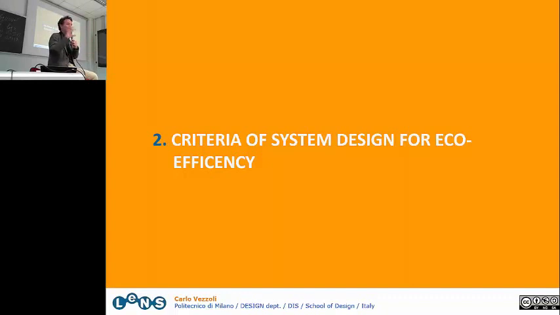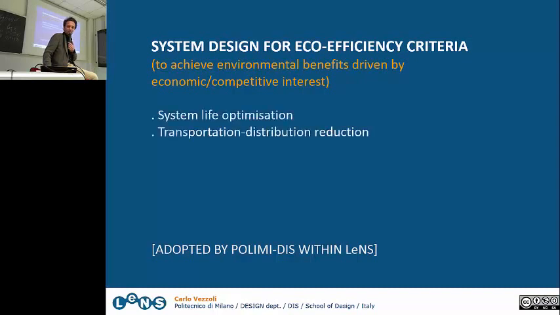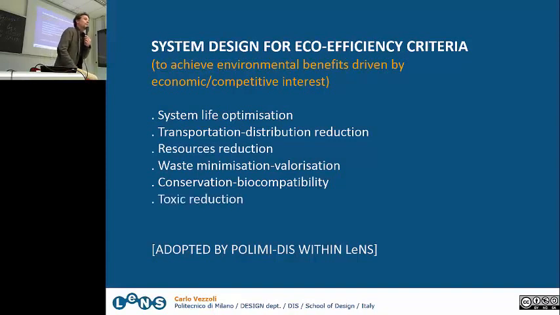Okay, but just follow me to have the overall frame. So the system design for eco-efficiency criteria, eco-efficiency meaning environmental and economic efficiency, are: system life optimization, transportation distribution reduction, resource reduction, waste minimization and valorization, conservation, biocompatibility, and toxicity reduction.